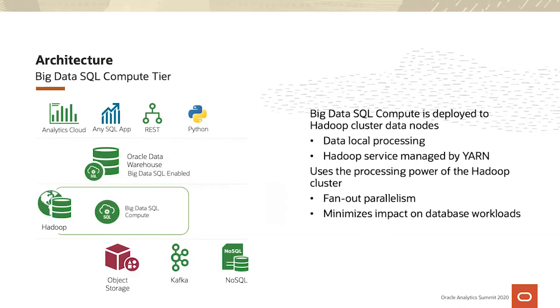When queries are run against the database, like an analytics hub may run a serial query against that database, the database is then going to use what's called fan-out parallelism. In other words, it's going to leverage the parallel processing power of that Hadoop cluster to scan the data locally, wherever that data is. It's then going to filter that data, and it's going to aggregate that data. Likewise, it's going to use that compute tier to access data that's in these other stores. Critically, that greatly decreases the impact on the workload of the database.